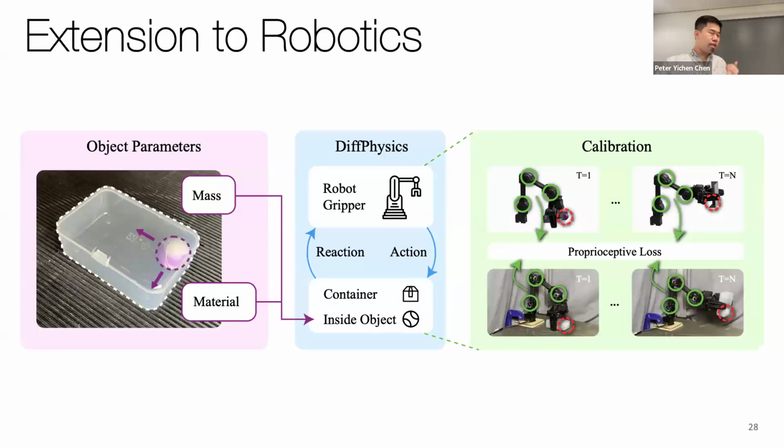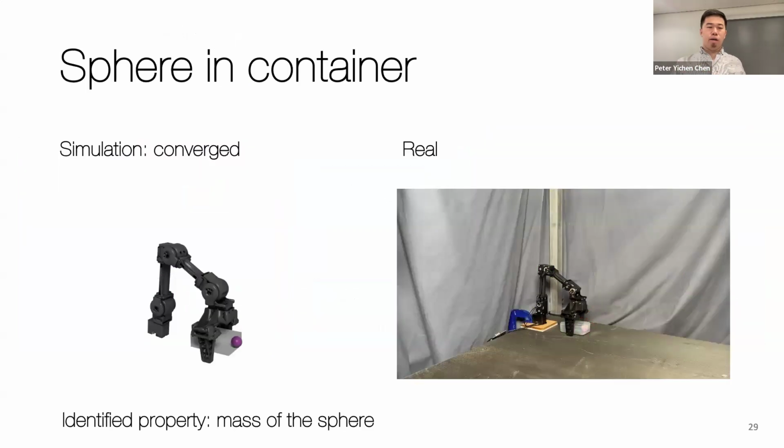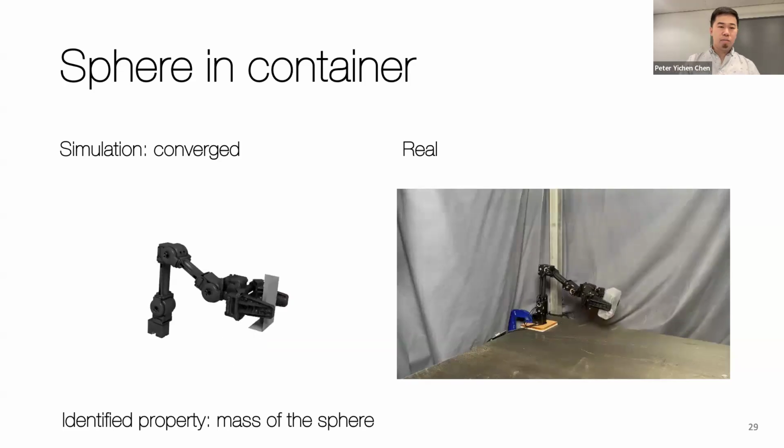More recently, we extended this to a robotics setup. Let's say you have a robot manipulating some objects, like a robot hand manipulating these. How can I figure out the fluids inside, or the material properties of this thing? So it's a very similar setup to the previous one.